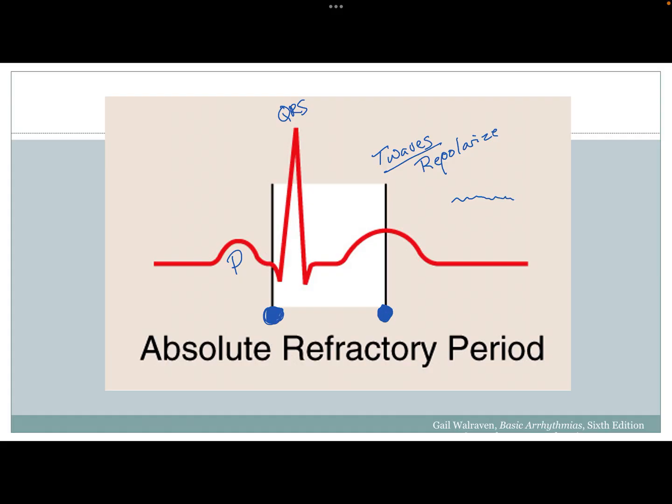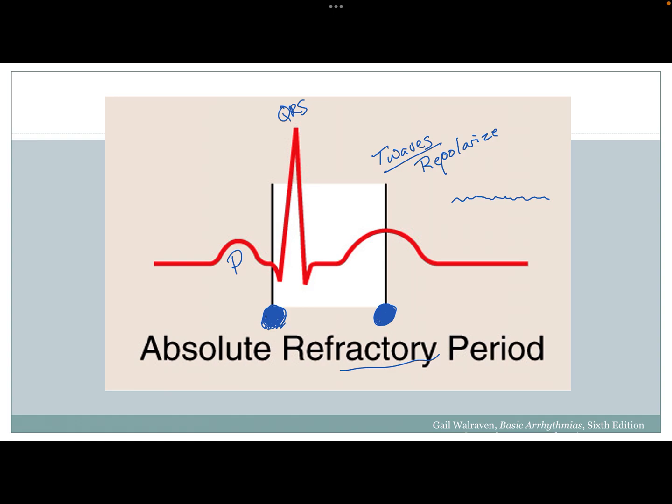It will send them into VFib. Okay? That's why they don't want football players to spar each other in the chest with the helmets, because of the fear that it will hit during this absolute refractory period and send that person into cardiac arrest. So that is called the absolute refractory period.